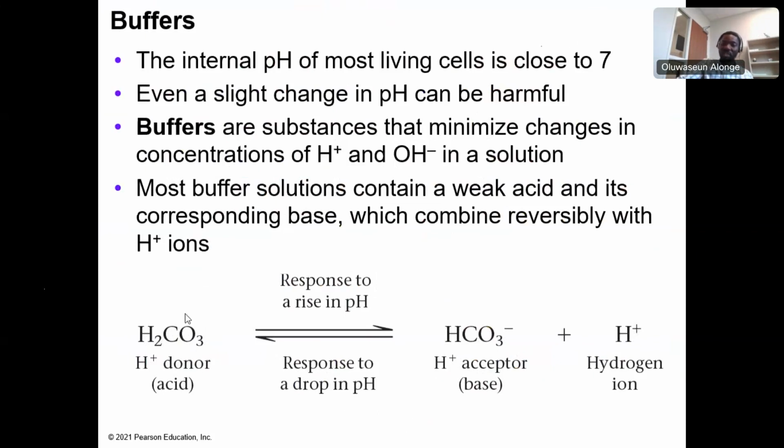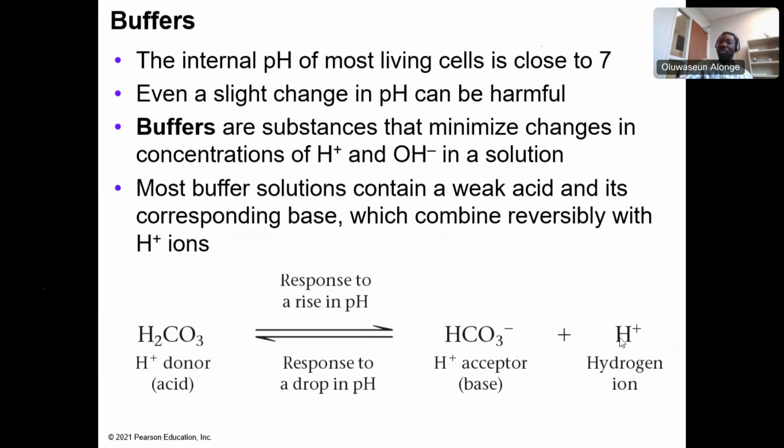So again, I will take it. If there is a rise in pH, what's going to happen? This will dissociate so that it can open this up. But if pH drops, what is going to happen?